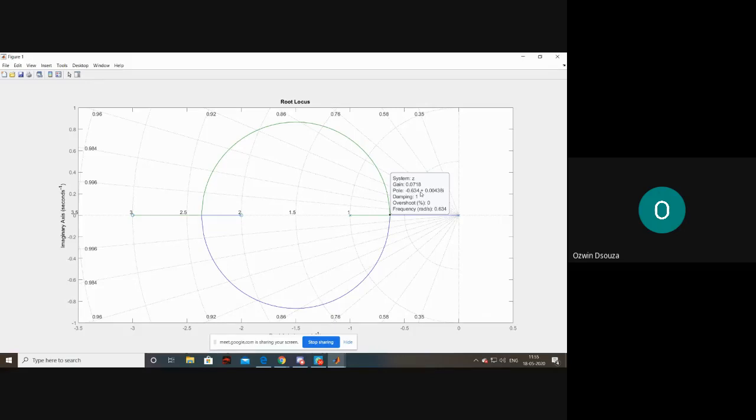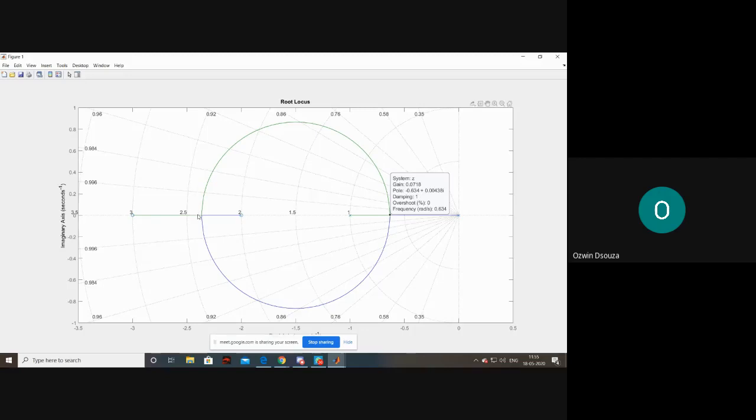My point is not exactly on the real axis because I placed it manually, so that's the reason it is showing a small imaginary value. If I were to keep my point exactly on the real axis, I would have got my imaginary part as 0. Doesn't matter. You can clearly observe that the breakaway point is -0.634. That is what we got in our theoretical calculation.